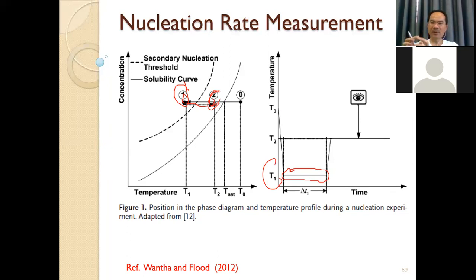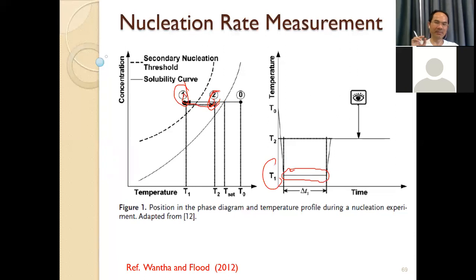We prepare the solution undersaturated, and then you reduce the temperature to the higher supersaturation, higher than the metastable zone, and then the crystal nucleates. And then you increase the temperature rapidly to the metastable zone for growth. Because at 0.1, the size of the crystal is very small.